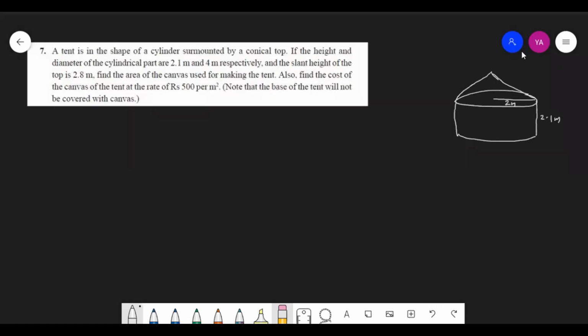meter. And the height of the cone, I think, is not needed for finding the curved surface area, but in the case of volume we need it. Here I think there is no need to draw the height. Then one more thing is given: the slant height of the cone is 2.8 meter.